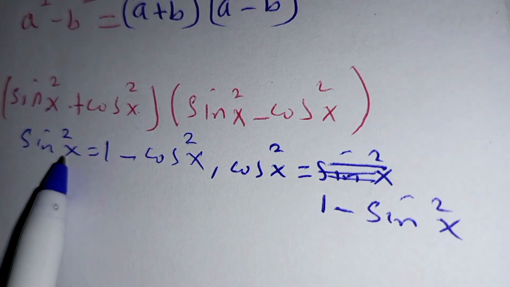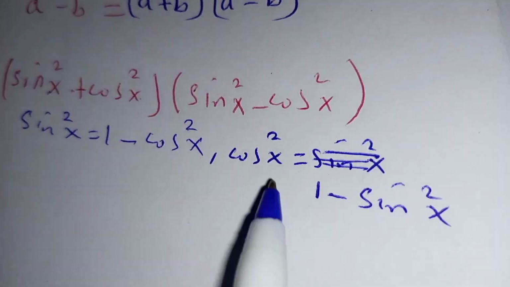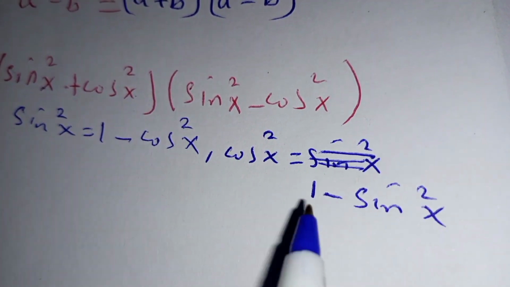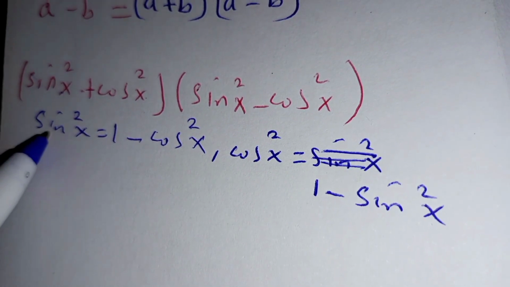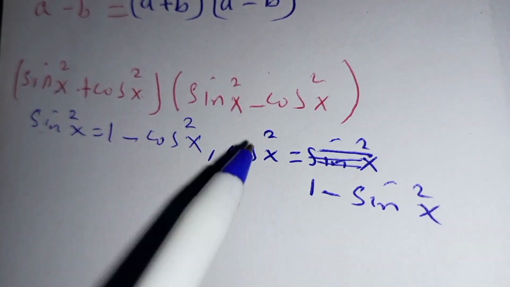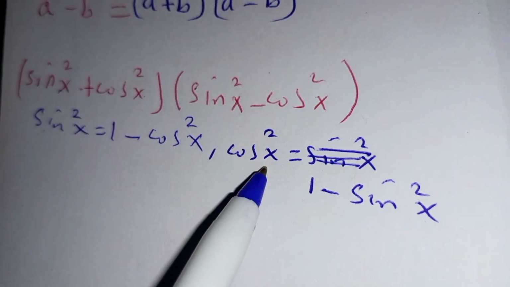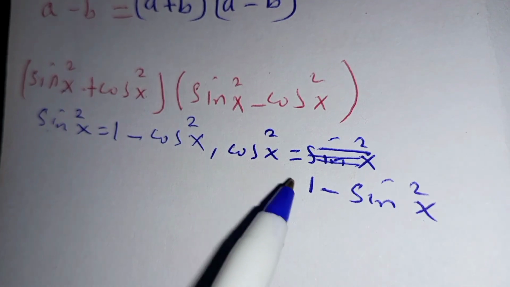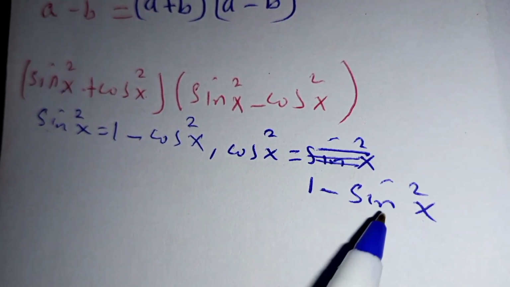Also, cos squared x is equal to 1 minus sine squared x. So we substitute sine squared x here with 1 minus cos squared x, and up here we substitute cos squared x with 1 minus sine squared x to obtain the following.